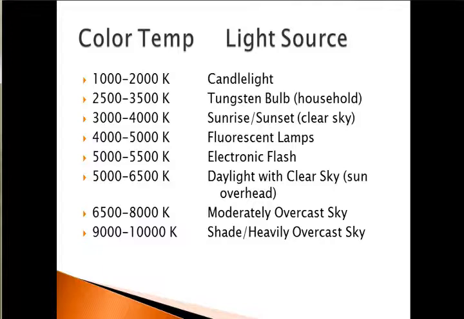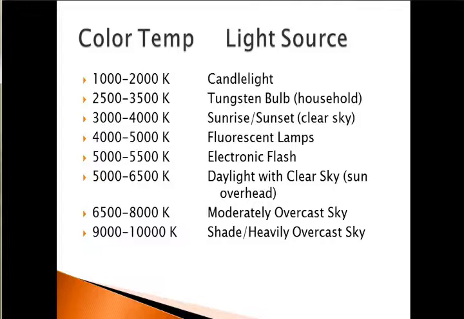The next one up is sunrise or sunset, also known as daylight. But you know, think of a sunrise photo, and what do you think of? A nice orange glow. And so that's the next one up.